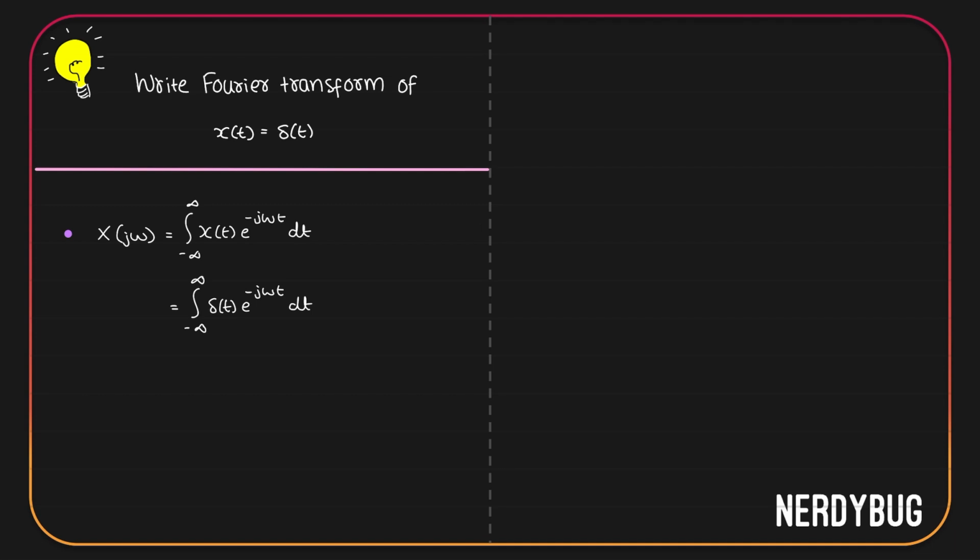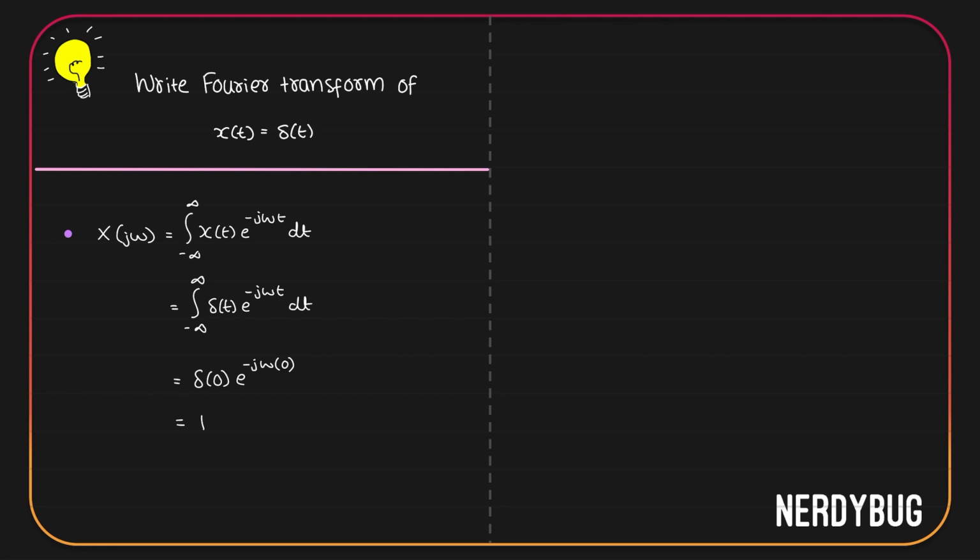So do we really have to integrate from minus infinity to infinity? No. We can simply take the value of this whole function at t equal to 0 because it has non-zero value only at t equal to 0. So this will be delta of 0 e raised to minus j omega into 0. Delta of 0 is 1. Value of impulse function at t equal to 0 is 1.